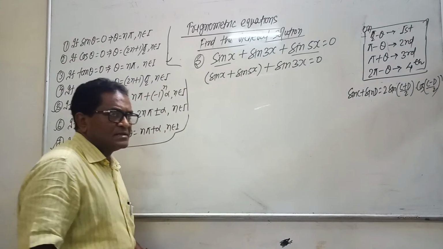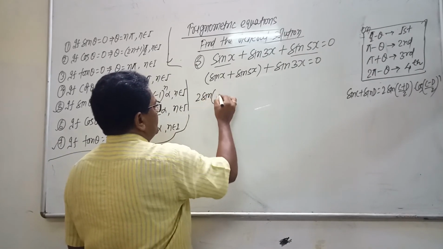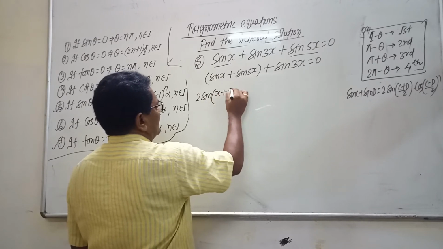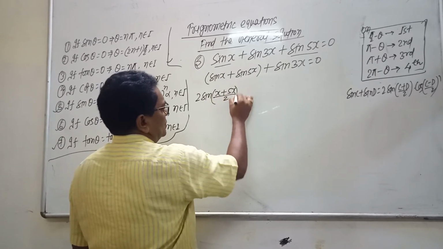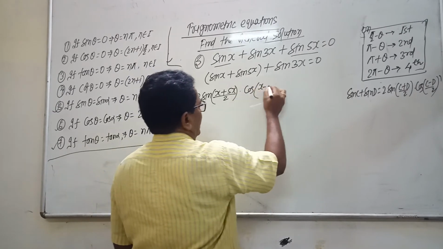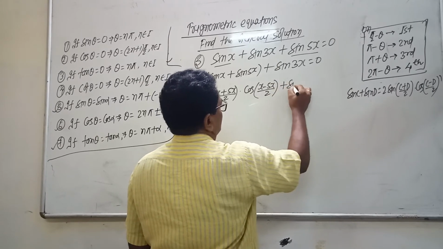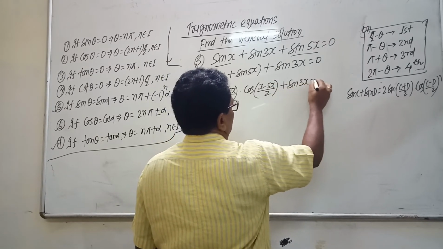So sin C plus sin D: 2 sin (x plus 5x) by 2 into cos (x minus 5x) by 2, and plus sin 3x equals 0.